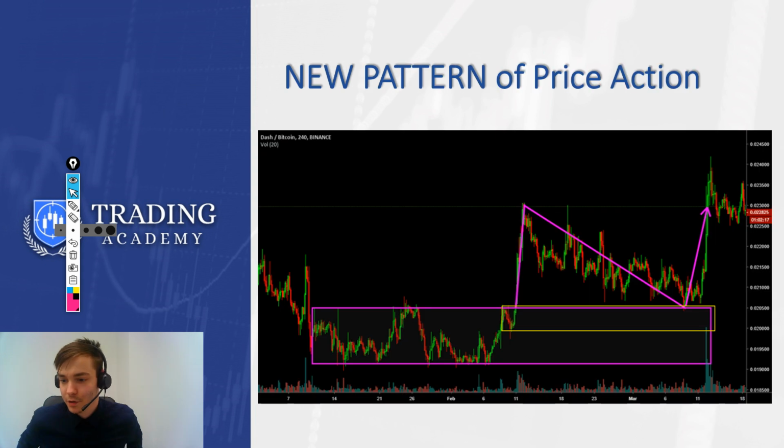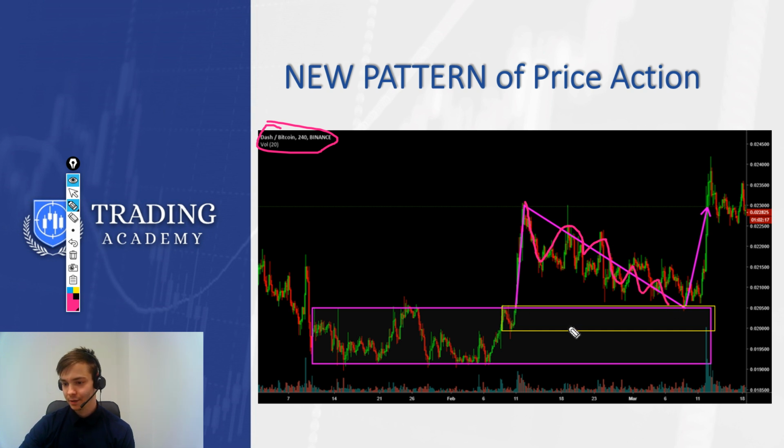Okay, so this pattern is based on impulsive momentum movements which we are using, and we are also using places for completing a bigger position of market makers. Let's see this. For example, I select this coin, Dash coin, 4-hour time frame, and we can see that after some consolidation here, the market just with momentum went up, and after a corrective movement here we can see that the market went to this support.